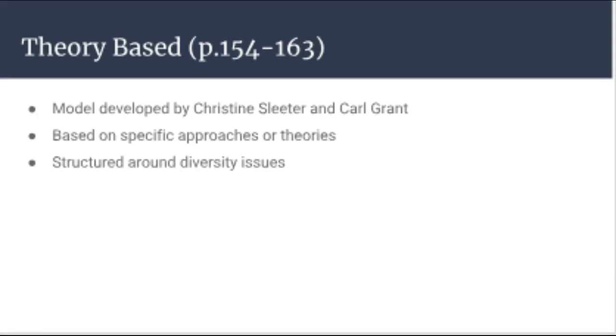Next is the theory-based approach, which was developed by Christine Sleeter and Carl Grant. It's on pages 154 to 163 in your text. And it's based on specific approaches or theories, and they're all structured around diversity issues.